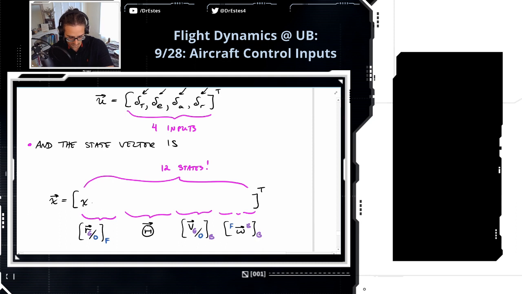So we have the position relative to the fixed frame, x, y, z, 3 states. We have the Euler angles, which describe the attitude, another 3 states. You know what, though? If you wanted to express your attitude in quaternions, you'd have 4 parameters right here.